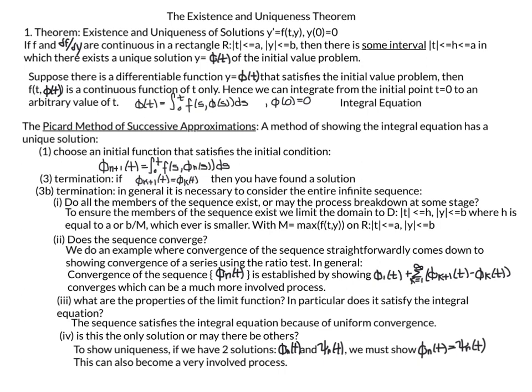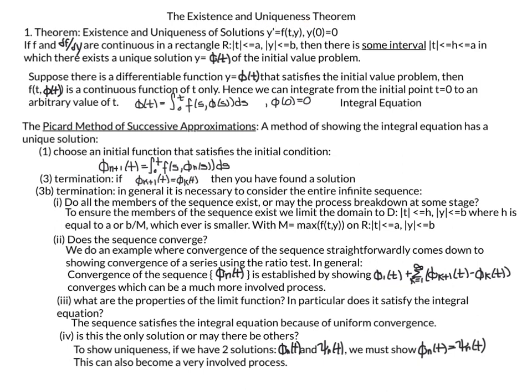We start with phi naught equal to 0, taken from our initial condition. Then phi n plus 1 is equal to the integral from 0 to t of f of s, phi n of s, ds. That means we base our new estimate on our old estimate. Notice this is exactly our integral equation, which is equivalent to our differential equation.